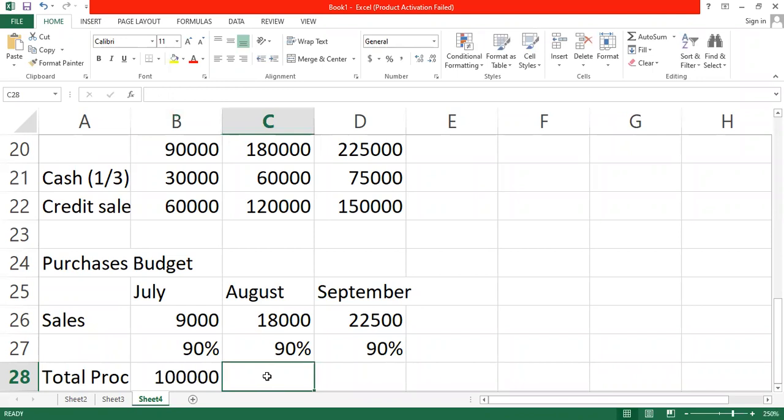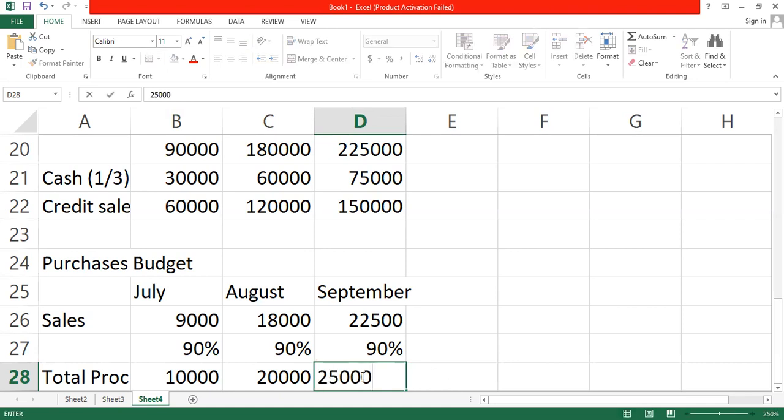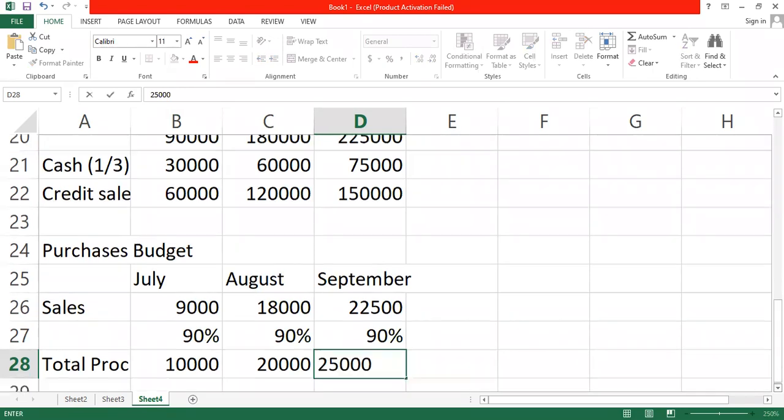This side will be 18,000 divided by 0.9, which is 20,000, isn't it? And 22,500 is what? 25,000.